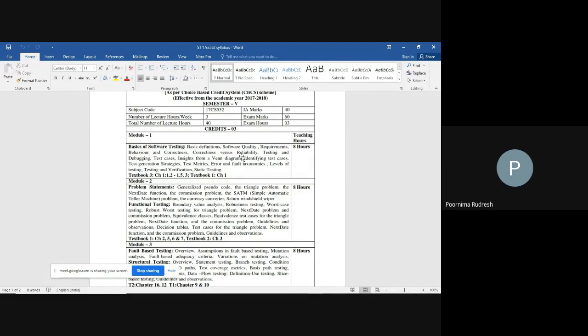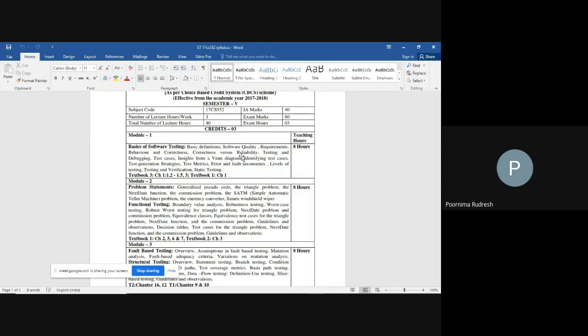How will you assign or check the software quality with the help of testing, that you are going to study. Afterwards you are going to study the requirements for testing. If you want to perform testing, what are the basic requirements we need. Next you are going to study behavior and correctness: what is correctness, what is behavior.